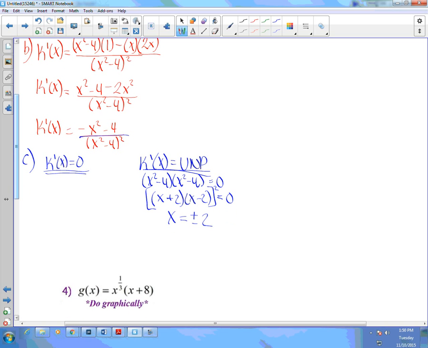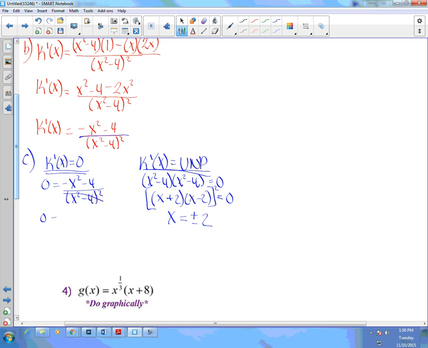Alright, now when k prime of x equals 0, we don't have to do all this. You can set it all equal to 0, but really, what part do we actually need to set equal to 0? The numerator, because if I multiply the denominator on both sides, it just disappears.